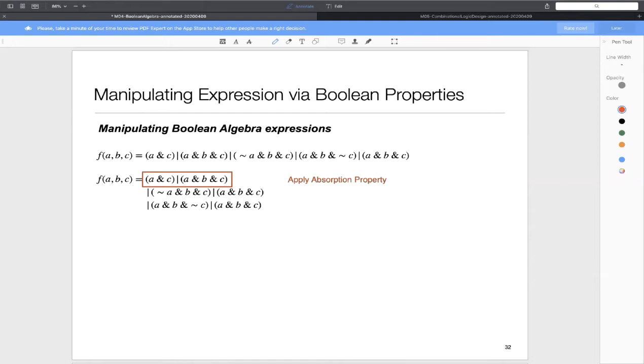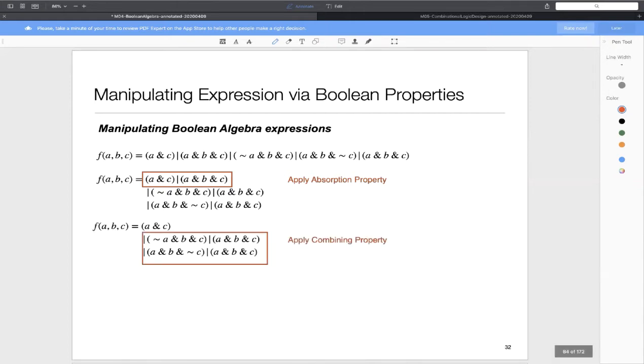A and C? A and C, exactly. So I simplified that. Then I can apply the combining property for both of these. If you apply the combining property, A will cancel out in the middle one, and C will cancel out in the other one, and this is what you're going to be left with. So I took that expression and ended up simplifying it like this.